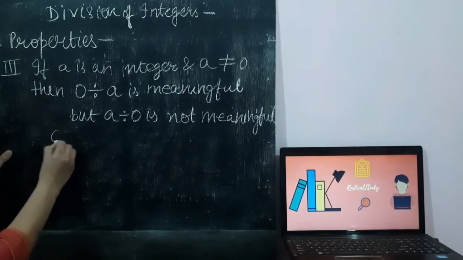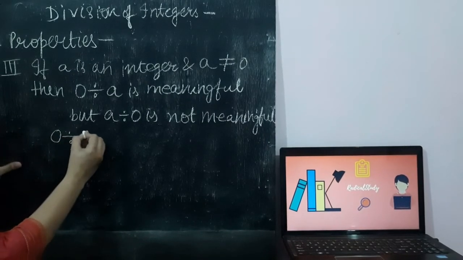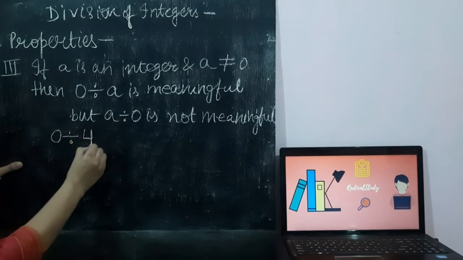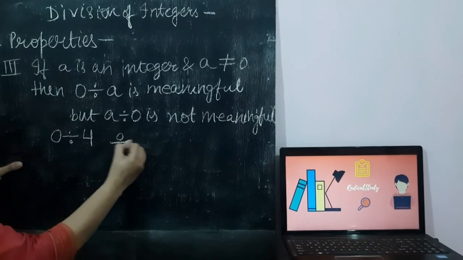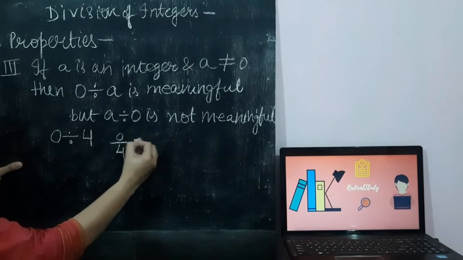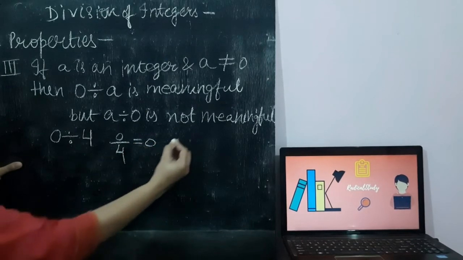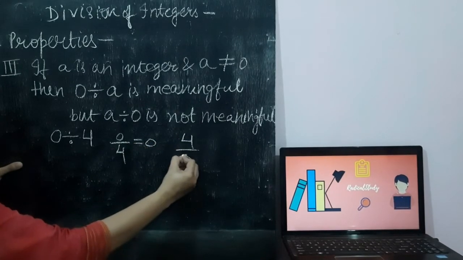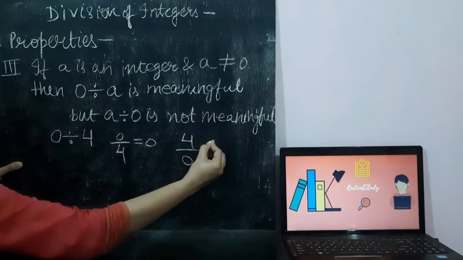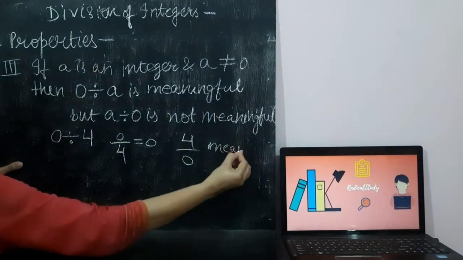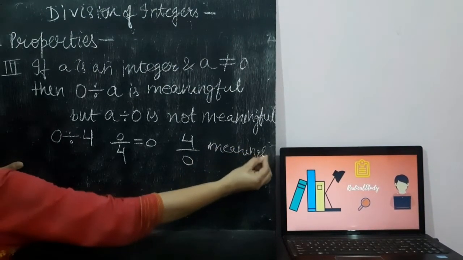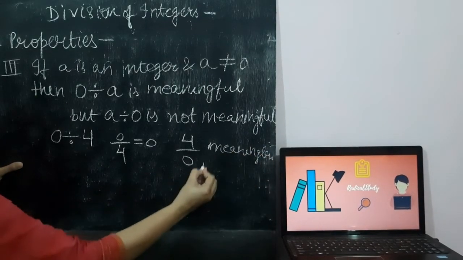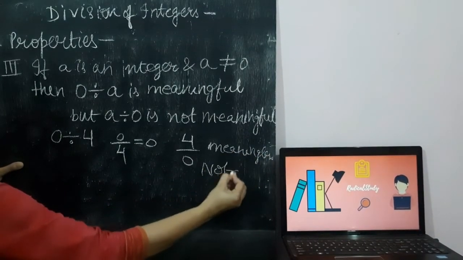When we divide 0 by any number, 1, 2, 3, 4, any number, like 0 upon 4 is 0. But when you write 4 upon 0, then it is meaningless. This is not meaningful. That means it is not defined.